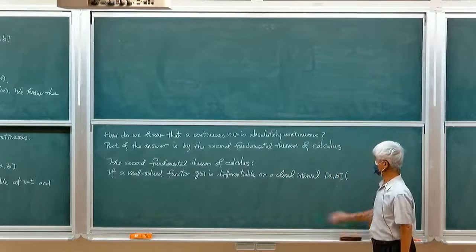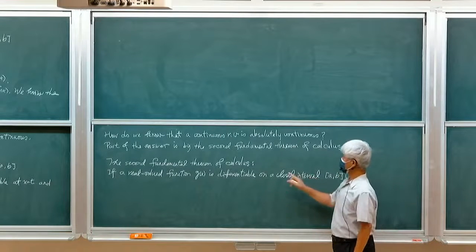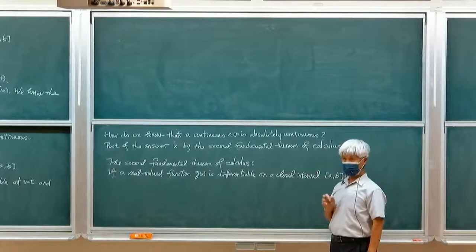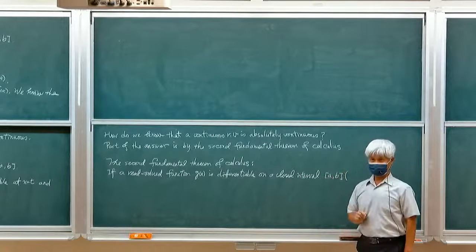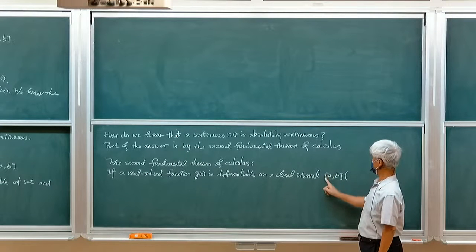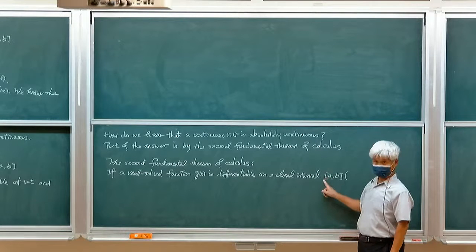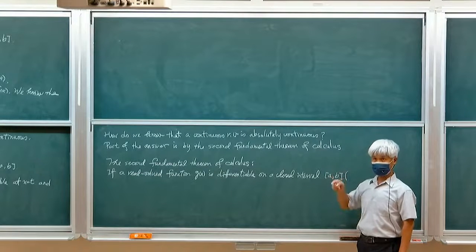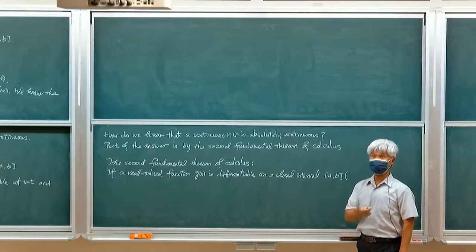by the way, because we are considering a closed interval, how do we define differentiability at the endpoint? For the left endpoint, we mean the right derivative exists at a. You know the definition of right derivative and left derivative, right?